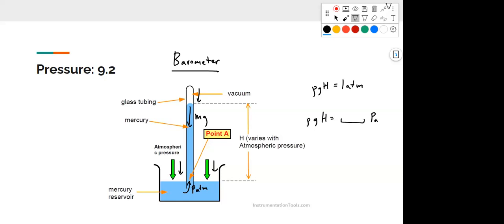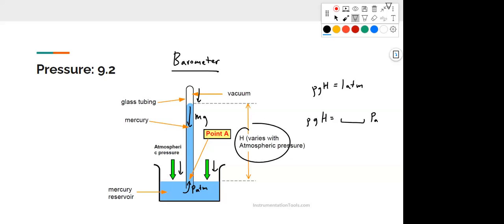A shortcut people use, like I mentioned earlier when I was telling you about the weather app on my phone, is that they'll make this system out of mercury, and they'll just tell you what this height is and use that as a unit of pressure, because that height itself is directly proportional to the pressure on the system. If there's more weight pushing down on this water, it'll squeeze it up the tube and that height will increase.